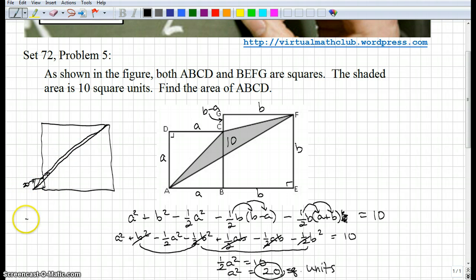Or the same way if they happen to be the same size. Say we have two squares like this, the same size. Then our triangle looks like this. So if this is 10, then the area of the square is 20. So anyway, the answer is 20 square units.